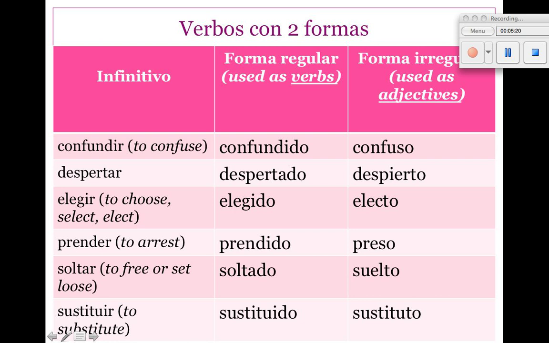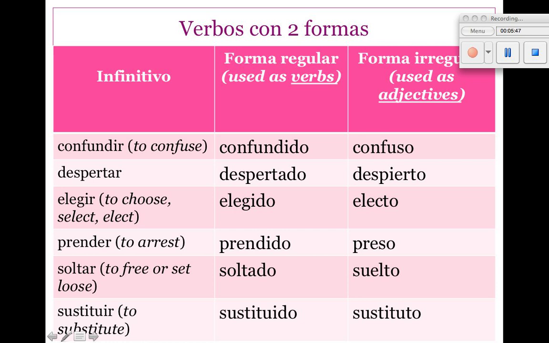Okay. The students are confused. Los estudiantes están confusos. Okay, so here I would describe them, so it would have to change in number. So they're different. Los estudiantes están despiertos en la clase porque siempre se divierten. El presidente está electo versus I have elected or chosen.